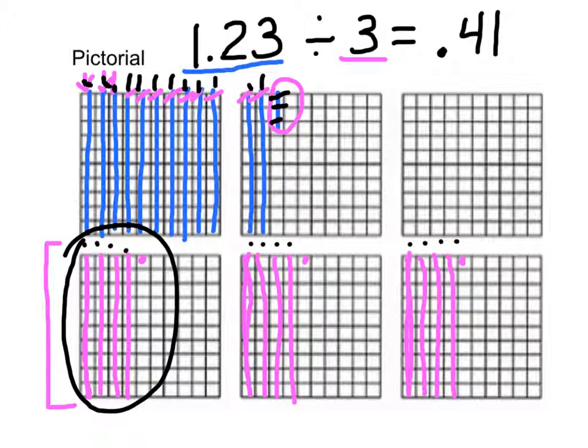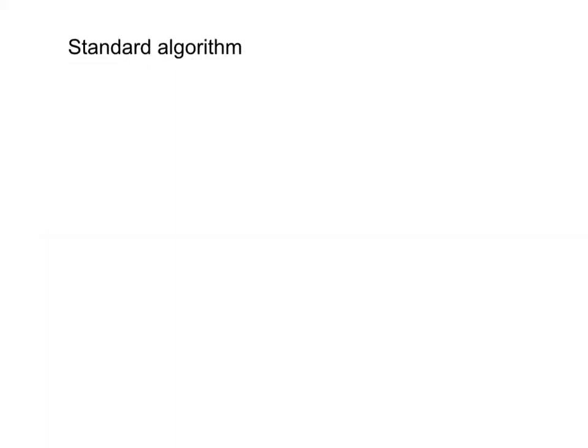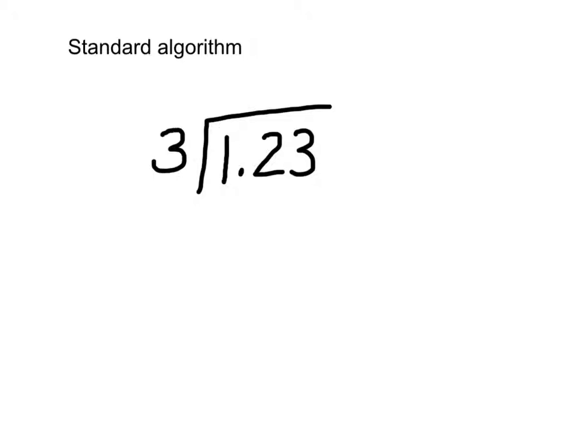Now let's look at the same problem again, but doing it as the standard algorithm method. So I'm going to write it again. 1 and 23 hundredths divided by 3. As we look at this, this is with your addition, subtraction, and division.